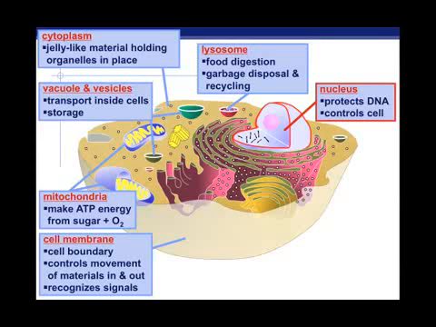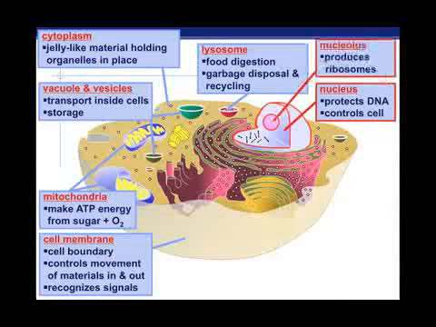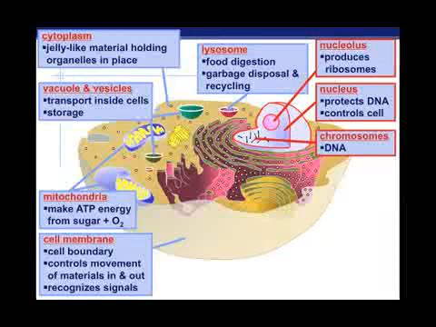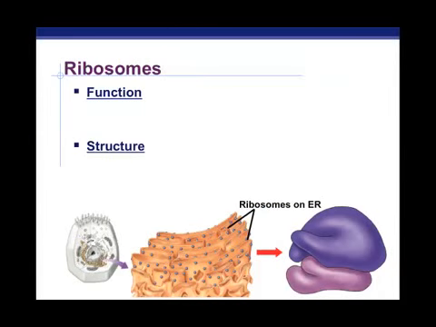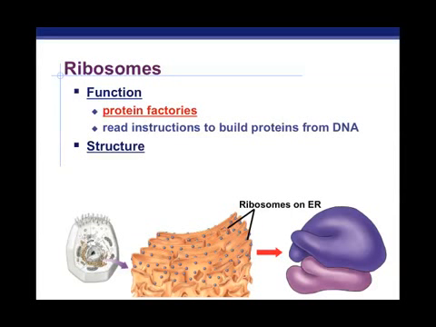So there's the nucleus, the nucleolus, the chromosomes. Now the ribosomes are very, very important because they are what make proteins. They read the instructions that the DNA sends out into the cell.